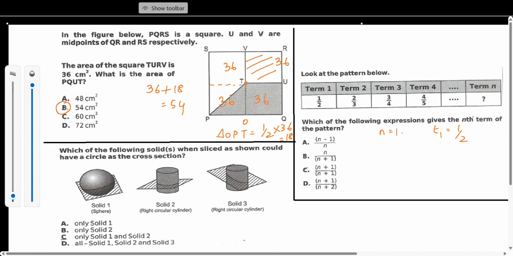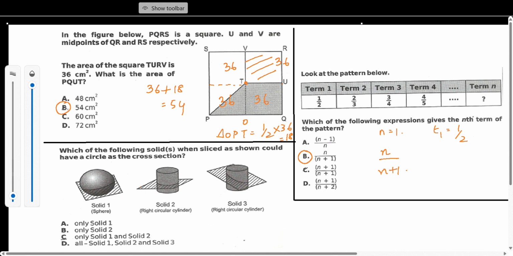So obviously term n's numerator also has to be n, and of the 4 choices only B has n. If there was another choice that also had n, then we would have to do a little more speculation. And clearly the denominator in all the places is 1 more than the numerator. That makes it n by n plus 1. So clearly this is the answer.